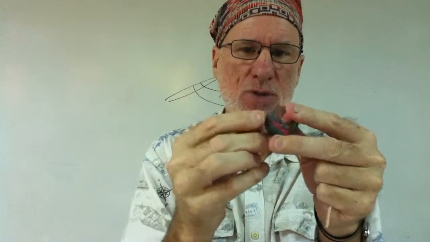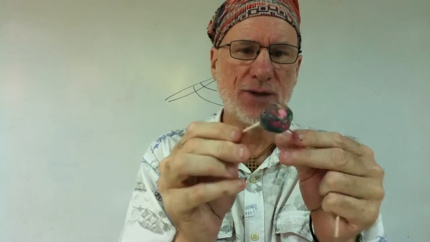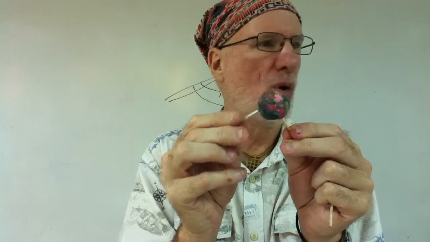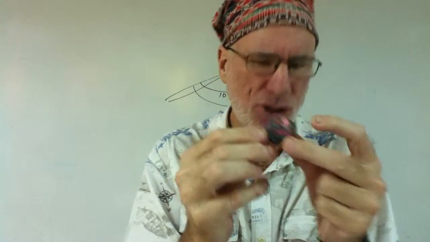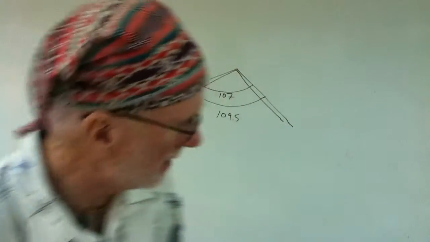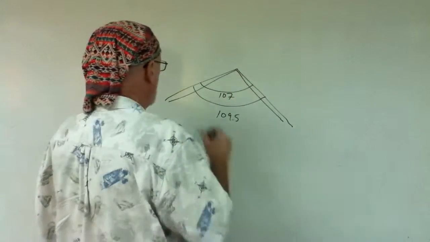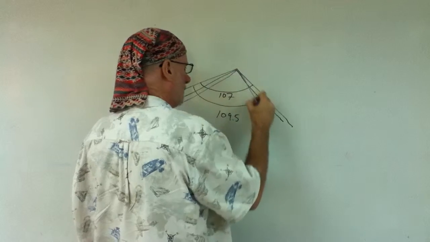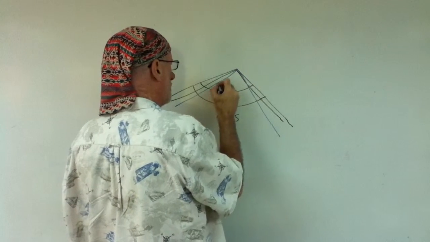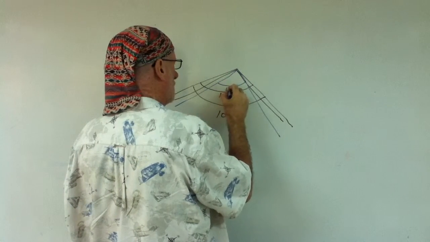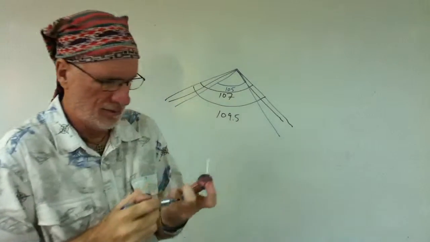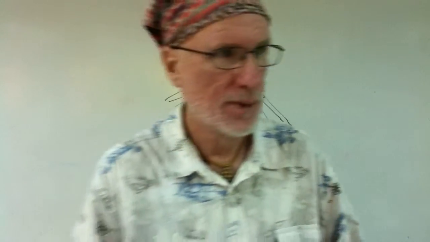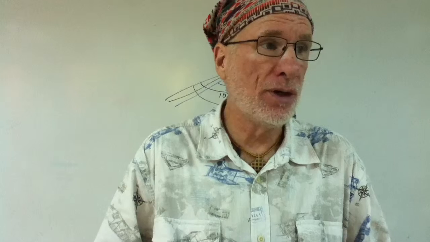Remember, this is related to the tetrahedron. They're going to be pushed together even more. Not much, but now it's 105 maybe, ish. And you can literally do that with everything.